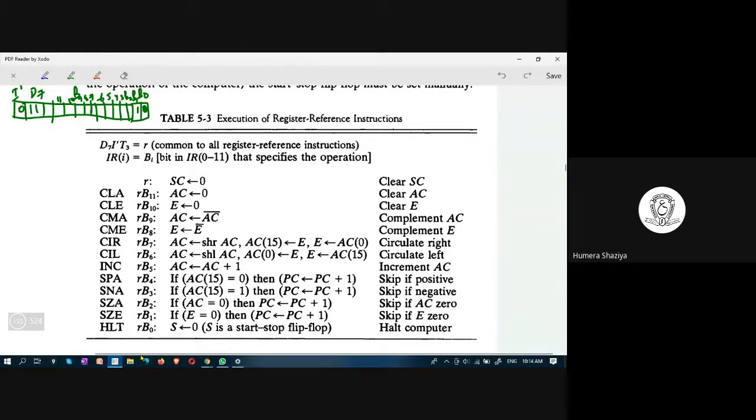For R, that is D7 I dash T3, B naught is 1 here. S is what? S is a start-stop flip-flop. It is set to 0. When it is set to 0, it implies that the computer is halted, and subsequently a new instruction will begin execution after resuming.